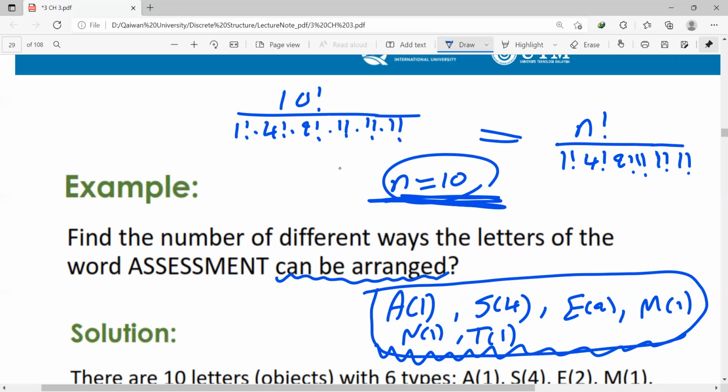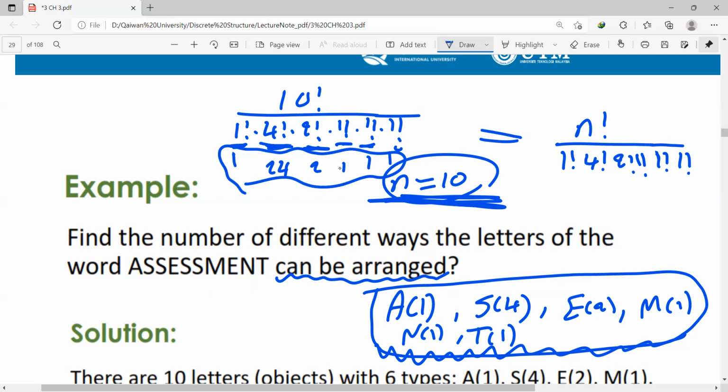Let's just find this. We say 1 factorial is still 1. 4 factorial is 24. 2 factorial is 2. 1 factorial is 1, 1, 1. Here we have 1, 24, 2, 1, 1, 1. So the denominator is 1 times 24 is still 24.